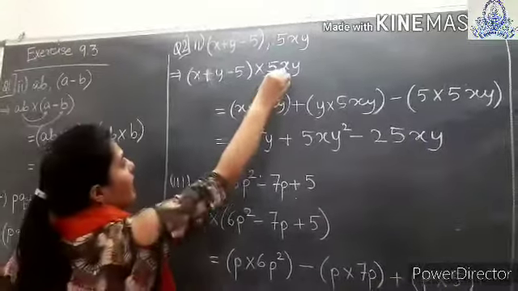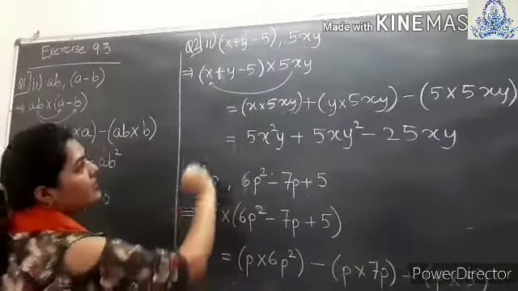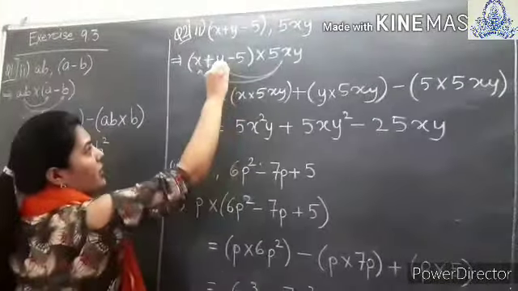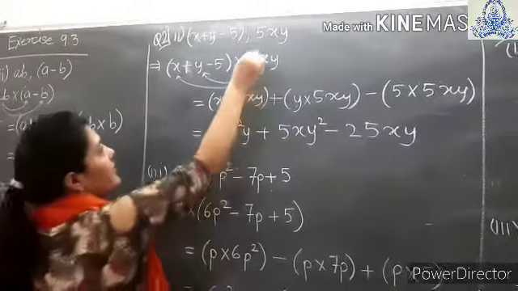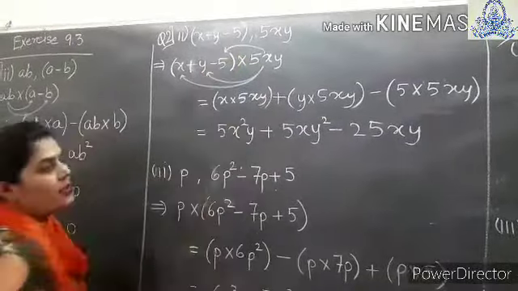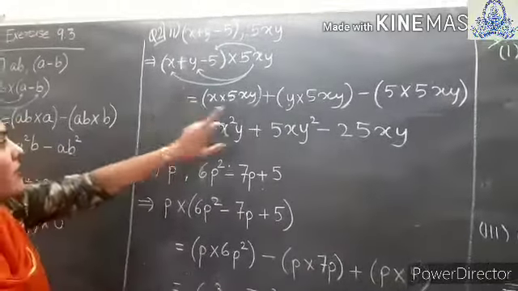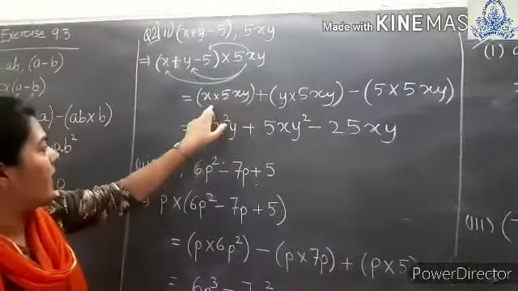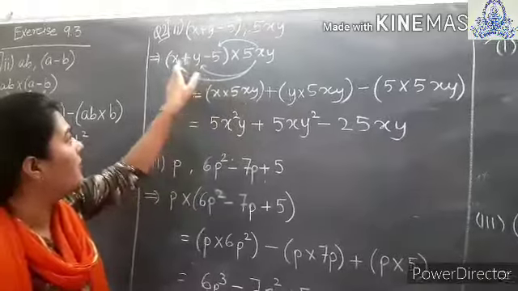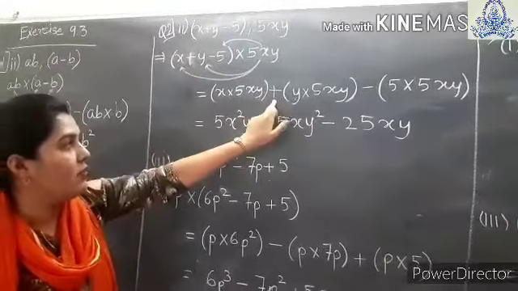So see, this 5xy will multiply to this x, this 5xy will multiply to the y, and this 5xy is multiplied to the 5. So 5xy multiplied by x means x multiplied by 5xy, plus sign is there, so we have taken the plus sign.